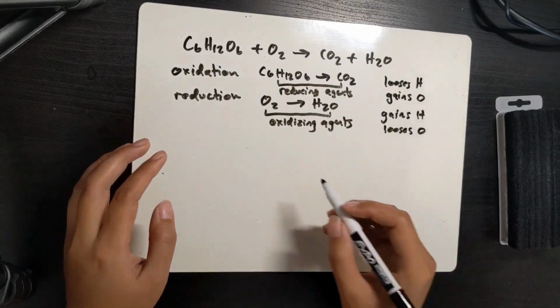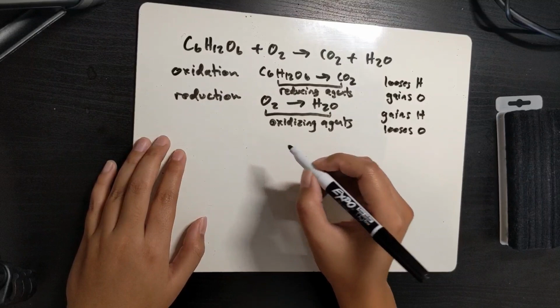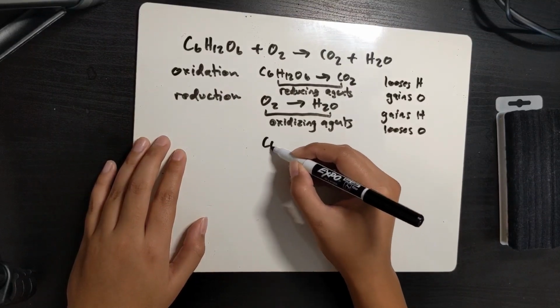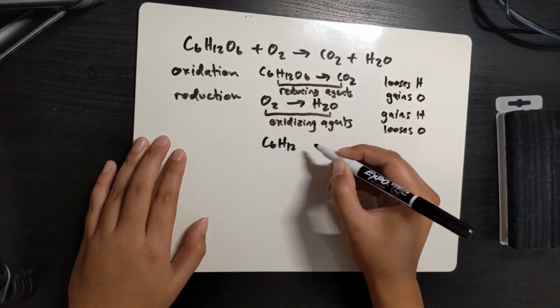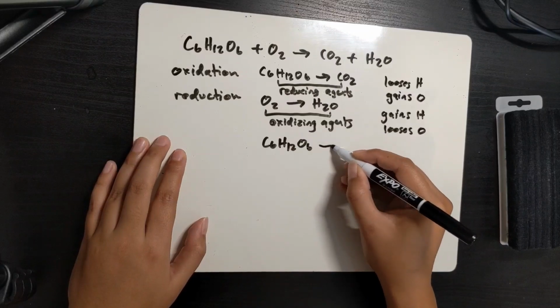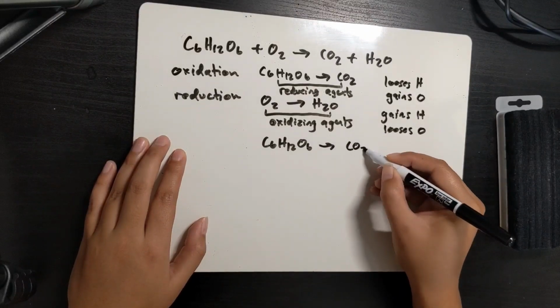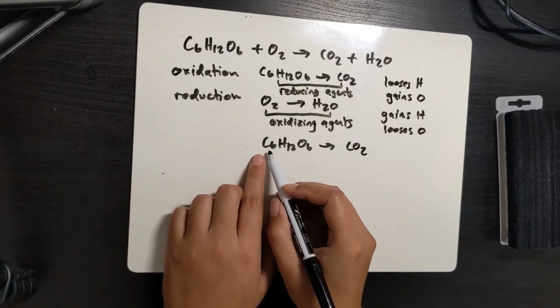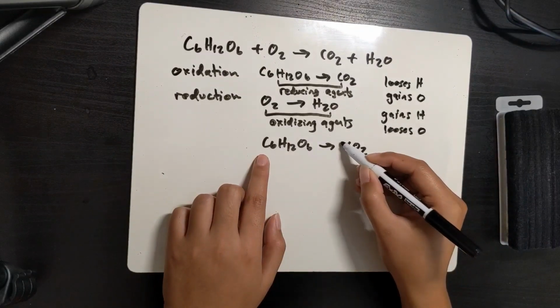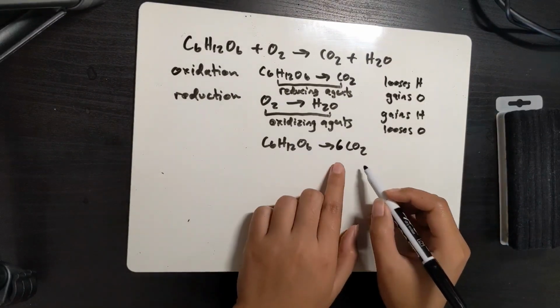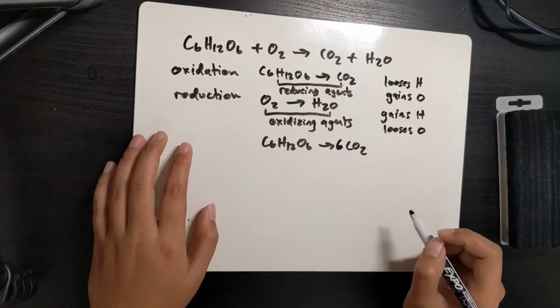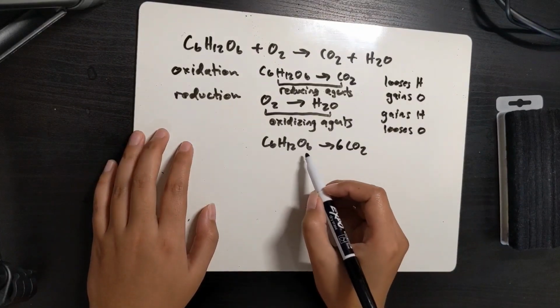The next step would be to balance the two half reactions, starting with the oxidation reaction. We can write its original equation. Now we have to balance our C's. There's 6 on the left, so we're going to have to add 6 to CO2 to get 6 carbon on the right. Then look at our O's.